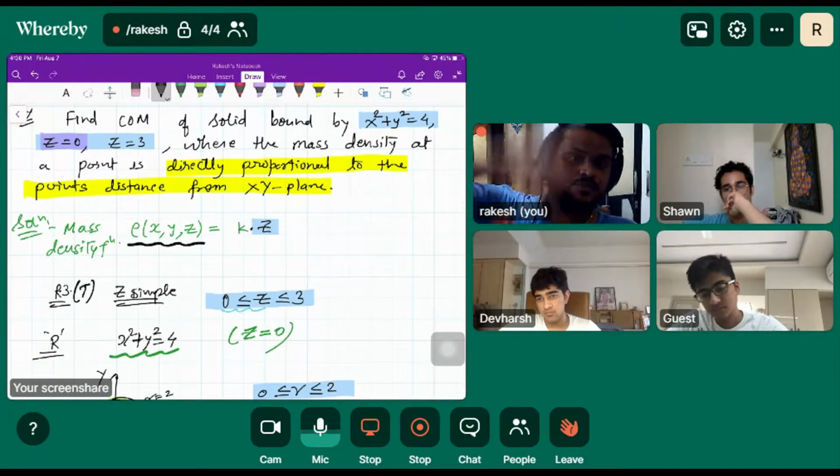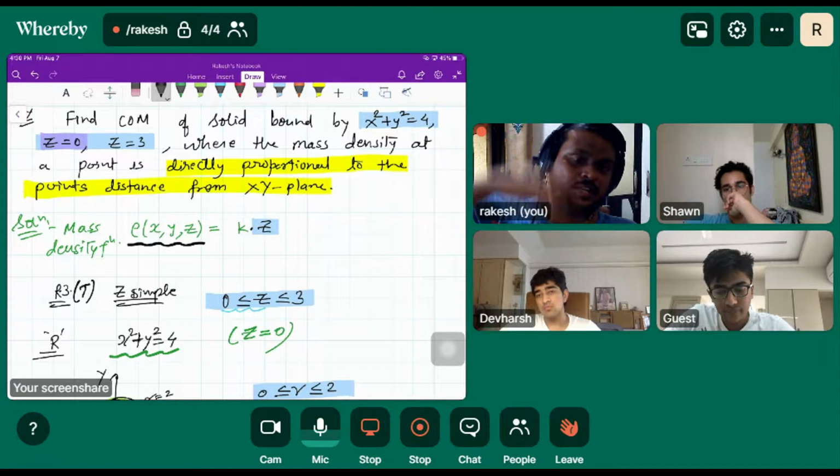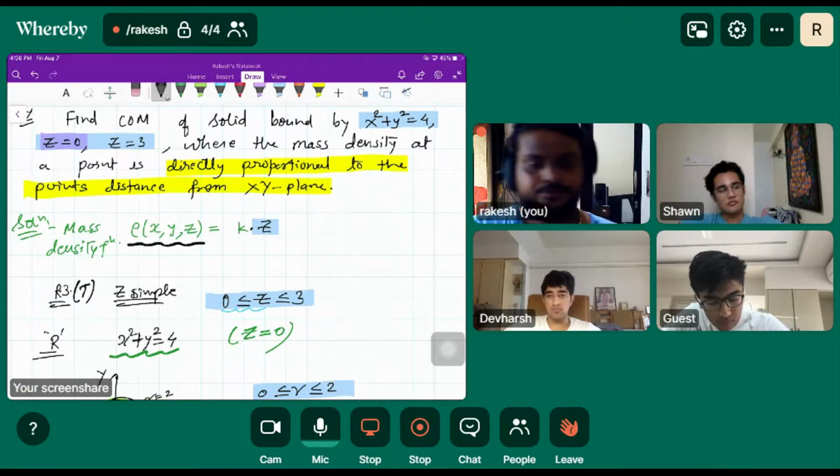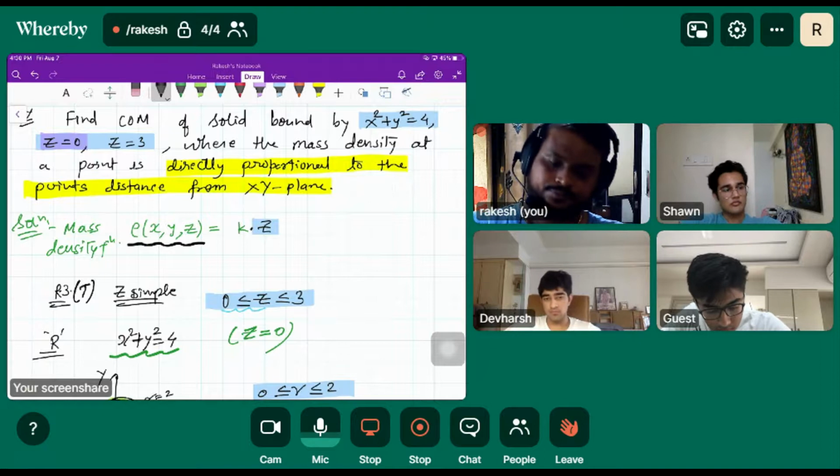It is growing as you go along the z axis. My earlier explanation, that it is evenly spread out throughout, was wrong. Got it. Okay.